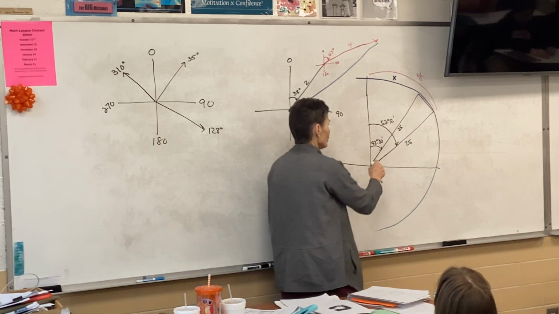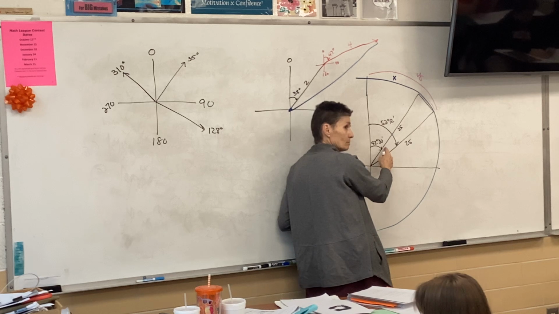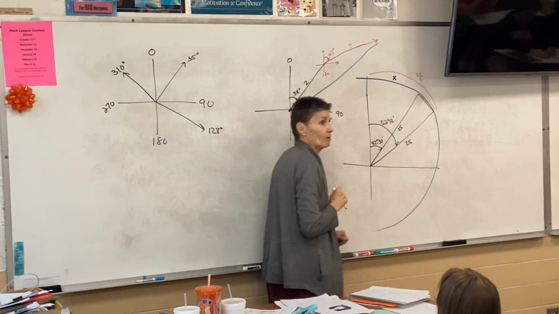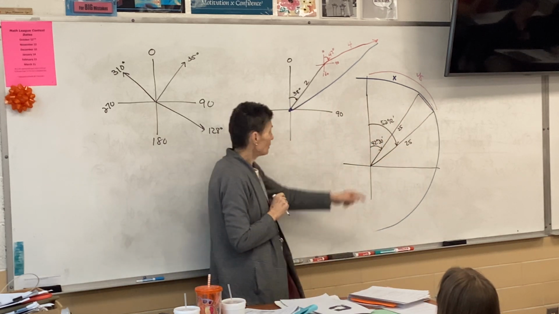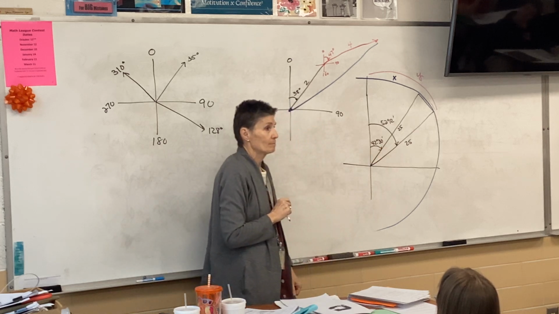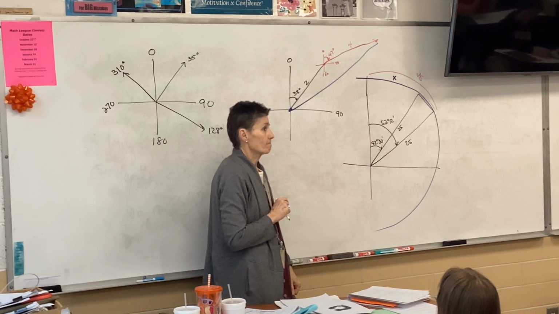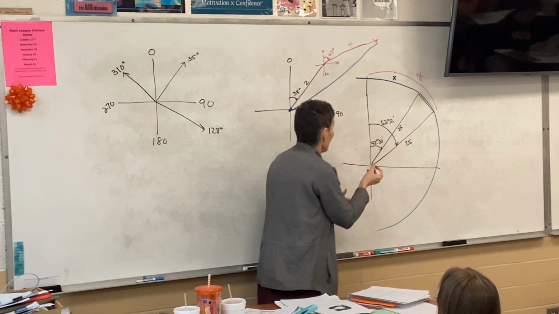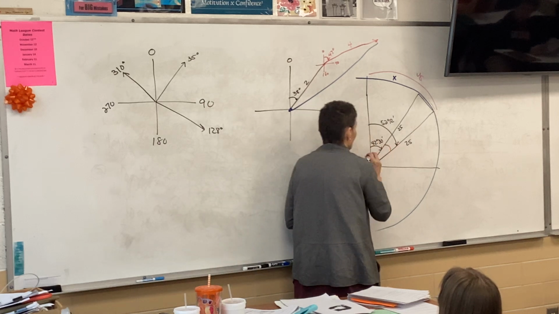Or could we find this angle and just straight up find that arc length? How would we find that angle? This angle right here, how would we find our pink angle?